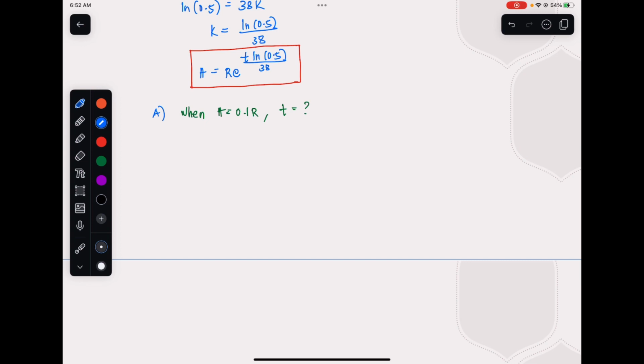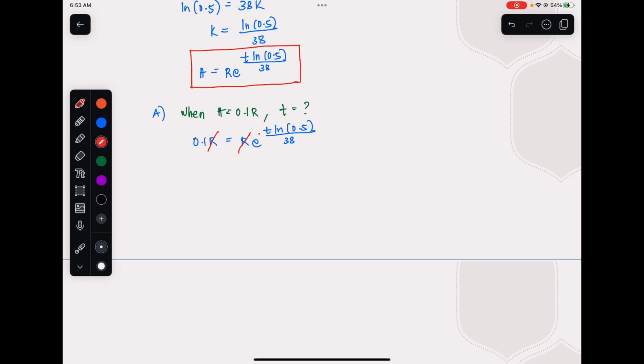So A is 0.1 R, which is equal to R e raised to T ln of 0.5 all over 38.